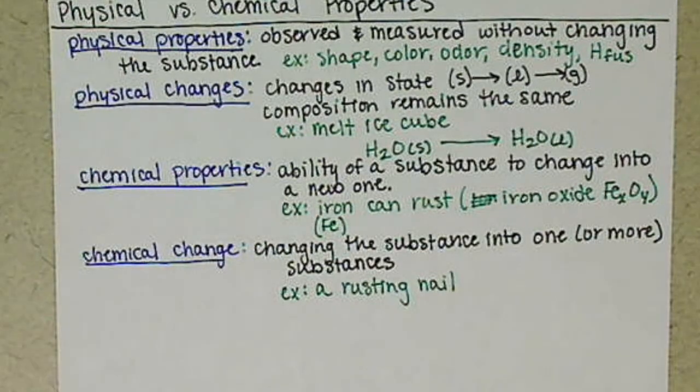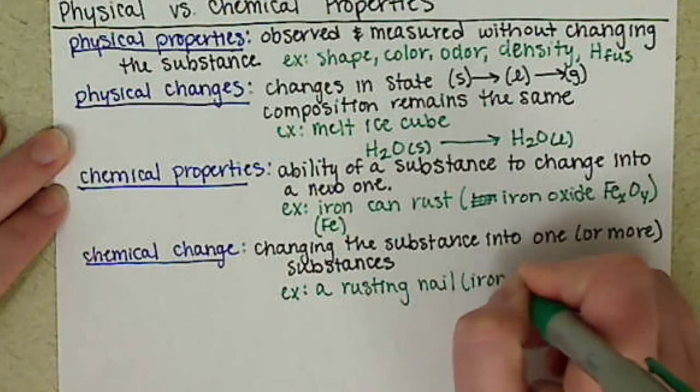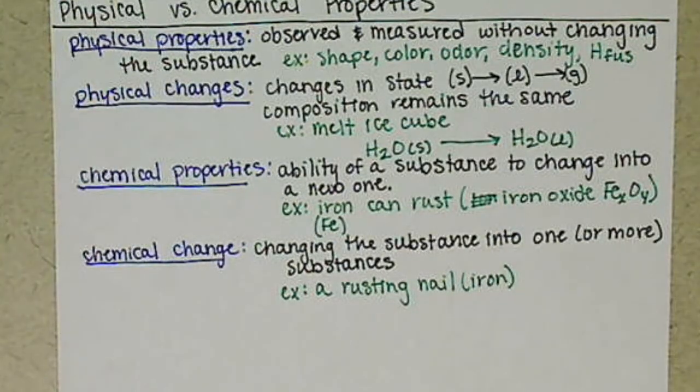So our chemical change would be, say, a nail, which is usually made of iron, actually rusting. Once it goes through that change, it has undergone a chemical change.